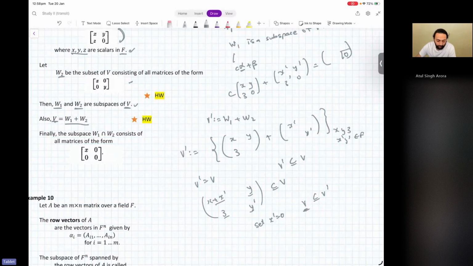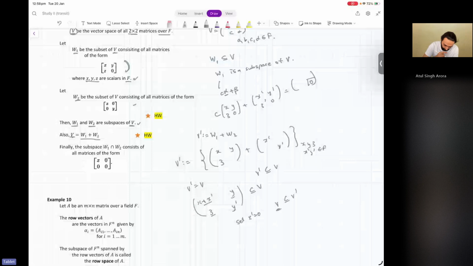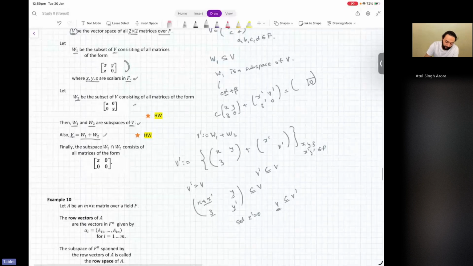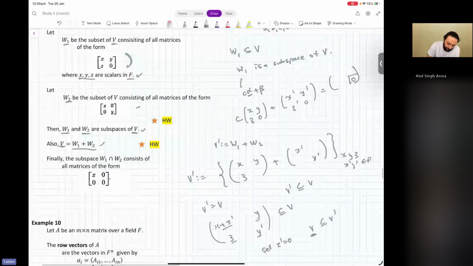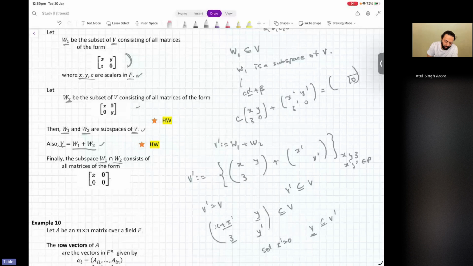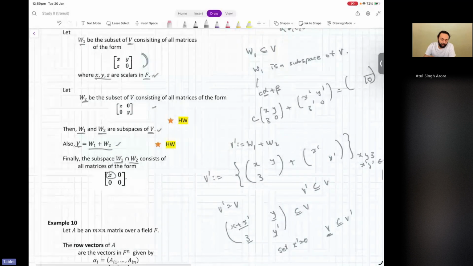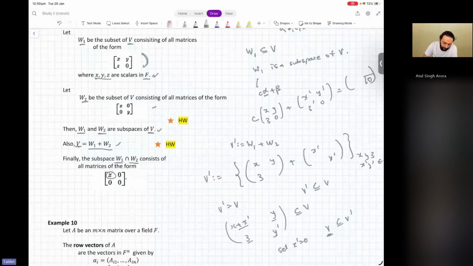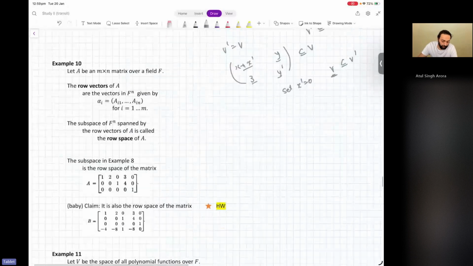Okay, good, that was the second part. Finally, the last claim is that the intersection W1 intersection W2 consists of all matrices of this form, with just this entry, because those are the only common elements. None of the other matrices are common. Is that clear? Yes, sir. Makes sense. Okay, perfect.